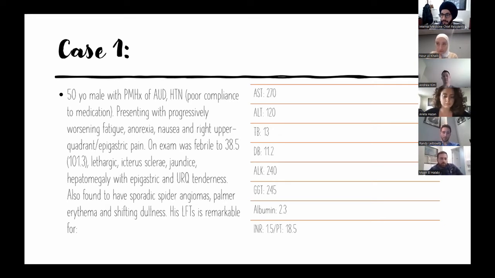You could be looking at an alcoholic hepatitis kind of picture, but also, especially with the elevated direct bilirubin and the fever and the lethargy, you could be looking at a cholangitis kind of picture as well. So I definitely want to get an ultrasound of the right upper quadrant, getting an alcohol level too to make sure he's not acutely drinking, but he's also showing signs of decompensated cirrhosis as well.